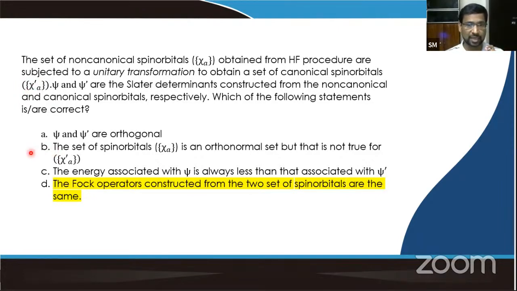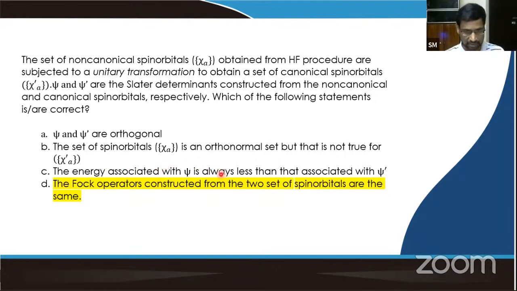Now the second option says the set of spin orbitals chi-A, the non-canonical spin orbitals, are an orthonormal set, but that is not true for chi-A prime. This is wrong, as we just discussed: both the non-canonical and the post-unitary transformation canonical spin orbitals represent orthonormal sets. Now the energy associated with psi, the non-canonical, is always less than that associated with psi prime.